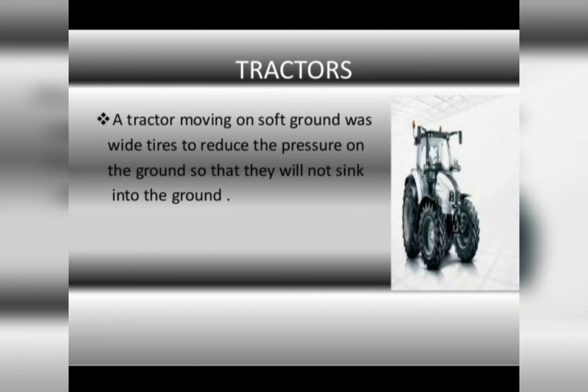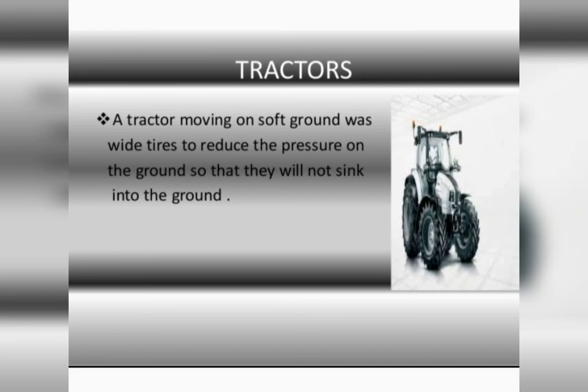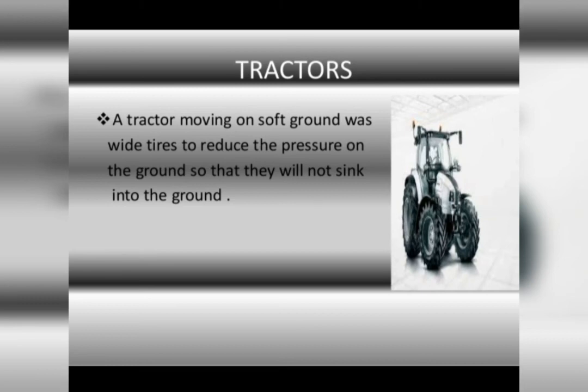Because when the tractor has a broad tire, there is less pressure on the ground, and when pressure is less, tires do not sink into the comparatively soft ground in the fields, because we use tractors in the fields and there we have very soft ground. So pressure exerted will be less, and when pressure is less, tires will not sink into the field.